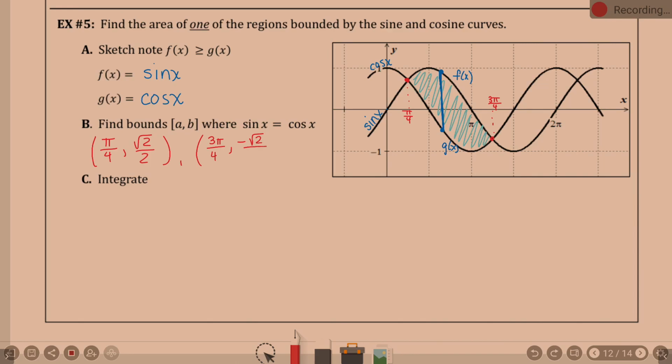Negative square root of 2 over 2? Oh, whoa, whoa. We messed up. What do we do? Because we're not going to pi. That's not 3 pi over 4. No, she's past pi.